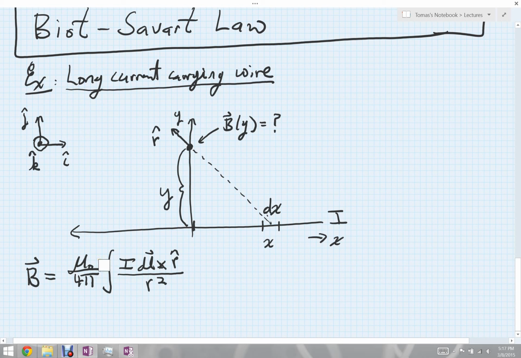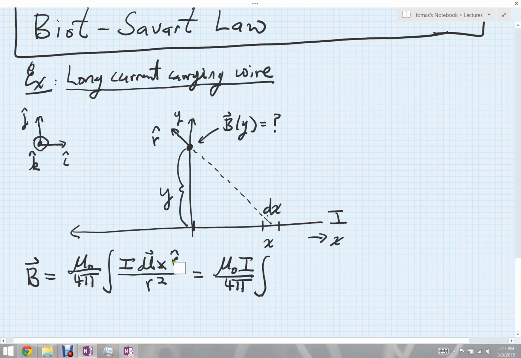So let us proceed. We can, of course, bring out our prefactors. We've got mu naught times I divided by 4 pi. Those are the prefactors. I have my integral. I should then be very careful to work through my cross product.